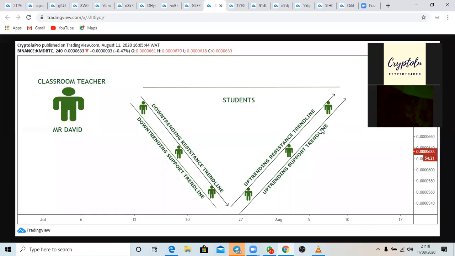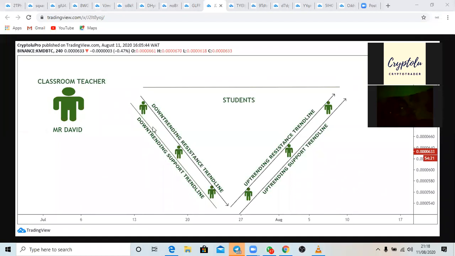Now, we talked about what breakout is. Now, breakout means, let me show you what breakout is. Instead of just explaining it, let me just show you a practical aspect of it. Now, look at these first three students here, in this downtrending resistance trend line and downtrending support trend line.